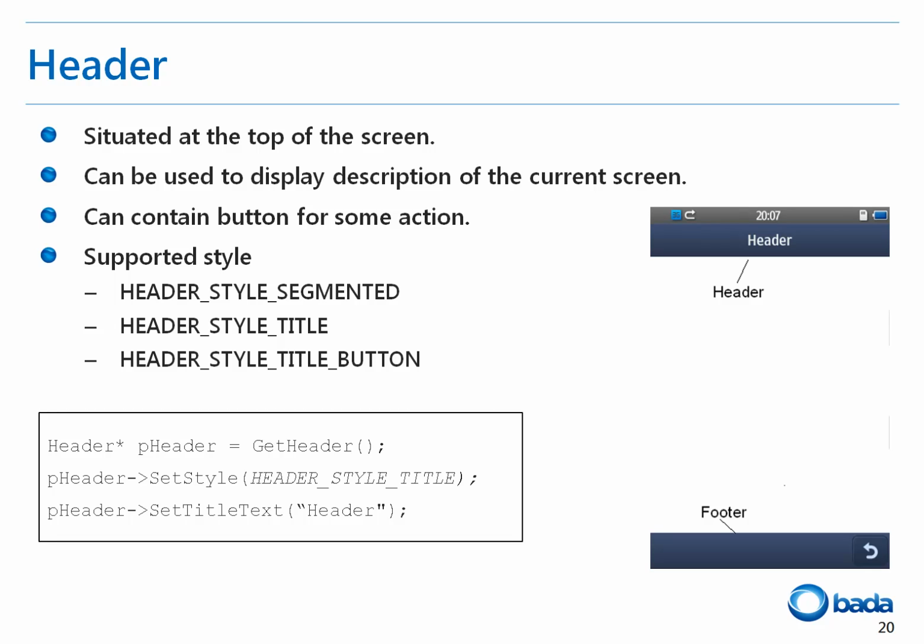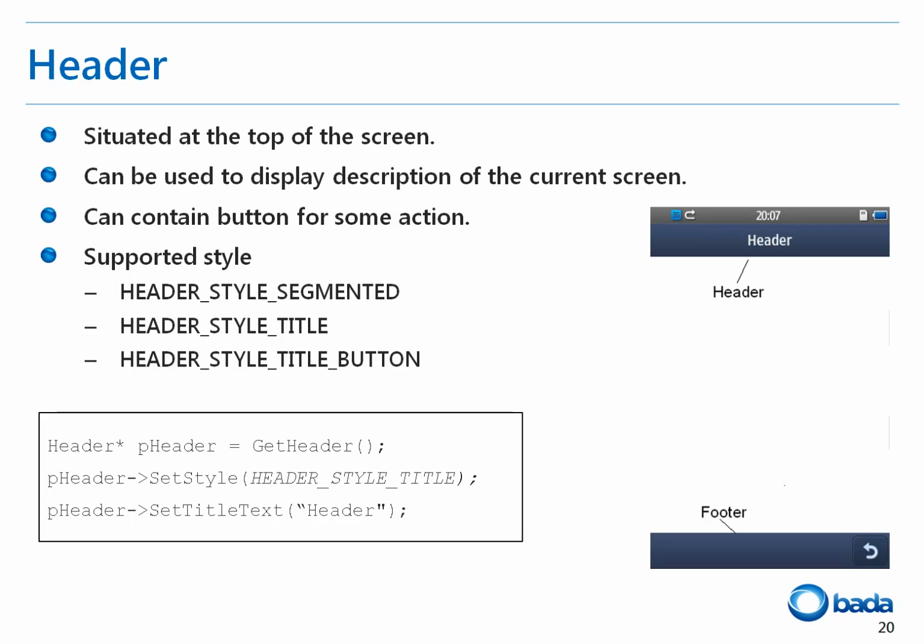The HEADER_STYLE_SEGMENTED supports up to 4 segmented items and can be placed in the center. In addition, you can also use one button item on both sides of the header as long as the total number of items does not exceed 4. The HEADER_STYLE_TITLE can be used to display the title in the center.